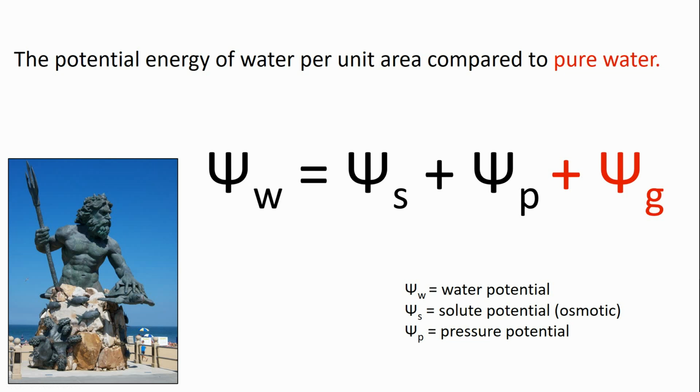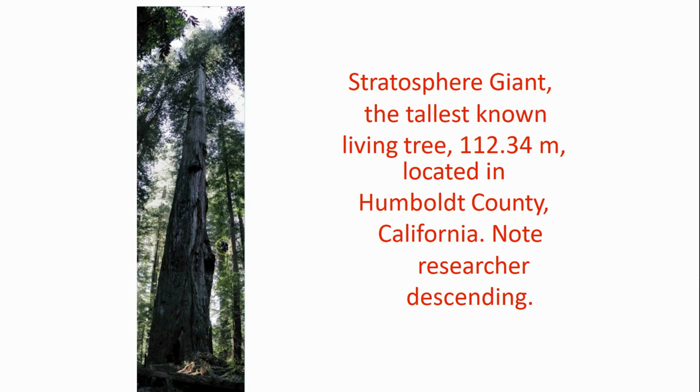Having said that, gravity will definitely play a role in a giant tree. So this is the Stratosphere Giant. It is the tallest known living tree, and that is quite high. When you start getting to this point and you're looking at the water potential in the xylem, for example, you have to take gravity into consideration, especially at the top levels.